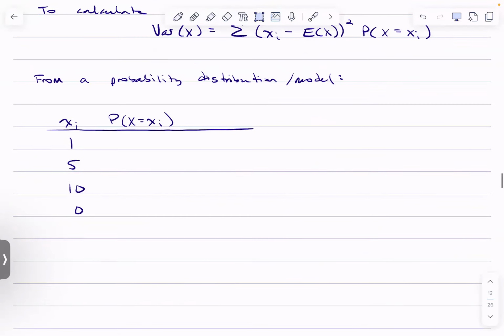Hopefully. I'll redistribute here, just even it out a little bit. I stole that from earlier.